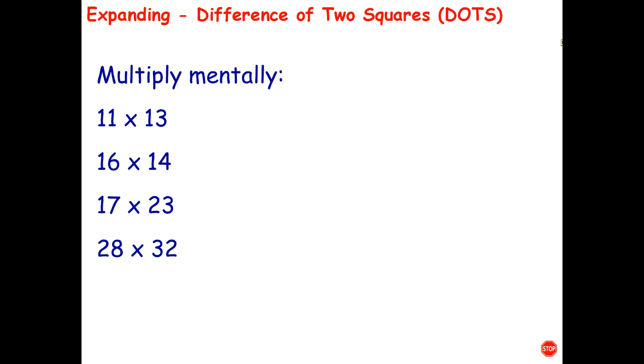Okay, now we're going to introduce this topic. It's called the difference of two squares, by showing you how you can multiply problems like this mentally using the difference of two squares. So I'm going to do the first three and then let you have a go at the last one. So what's so special about this number here is this is 12 minus 1, that's 12 plus 1.